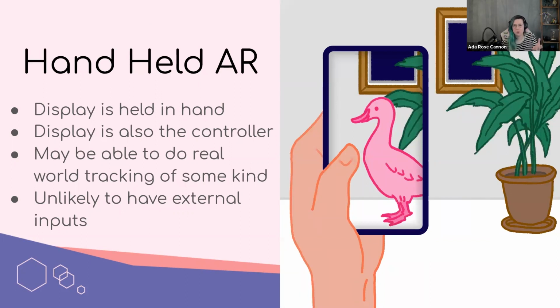The next one I want to talk about is handheld augmented reality. And that's because it's the most widely available form of XR you'll come across today. And handheld AR is interesting because the display you render from is also the same input for the controller. So they will have very similar locations.